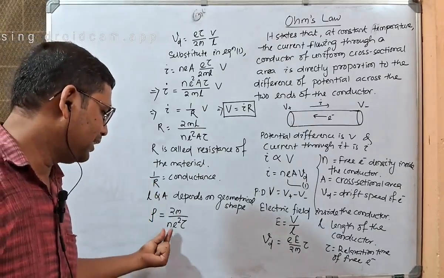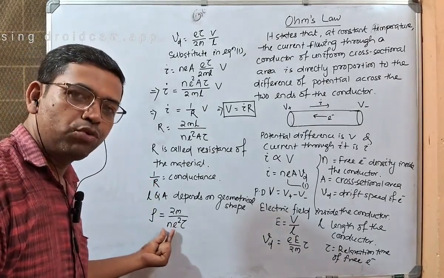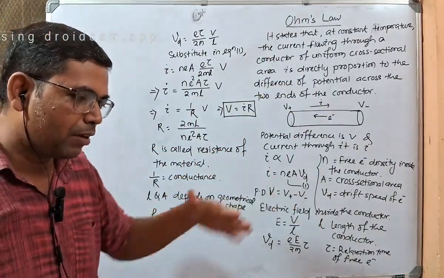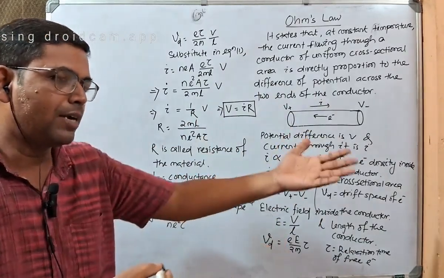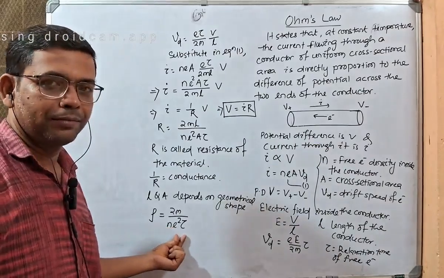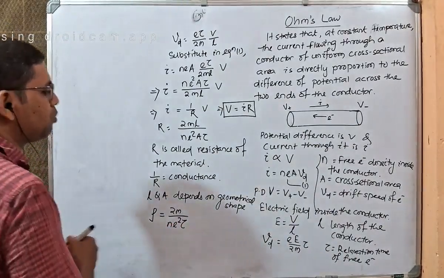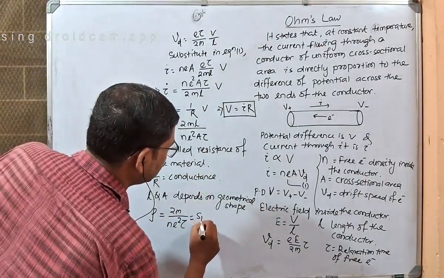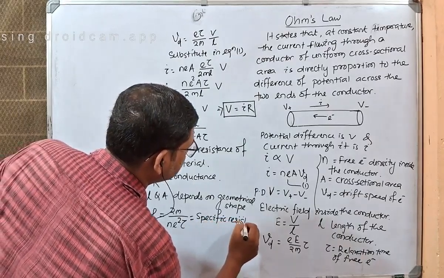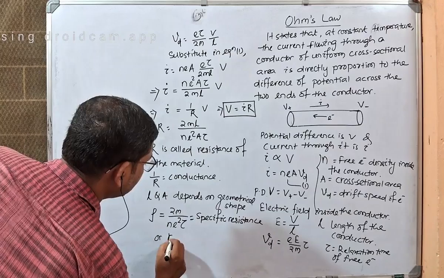What are the two things? That is the free electron number density and the relaxation time. These two are specific to a material. If we change the material, copper to sodium, sodium to iron, iron to gold, these two things will change. So these are material properties. This rho is known as specific resistance, or resistivity.